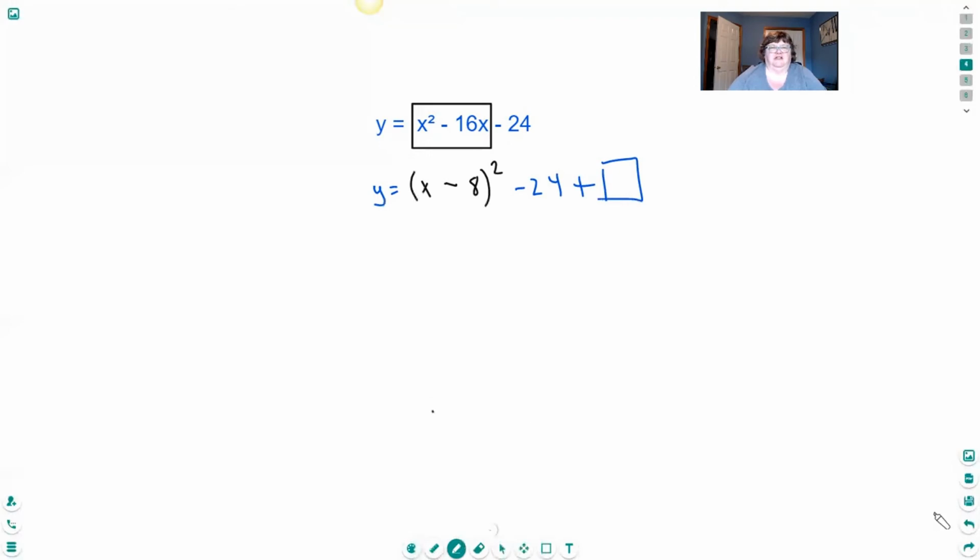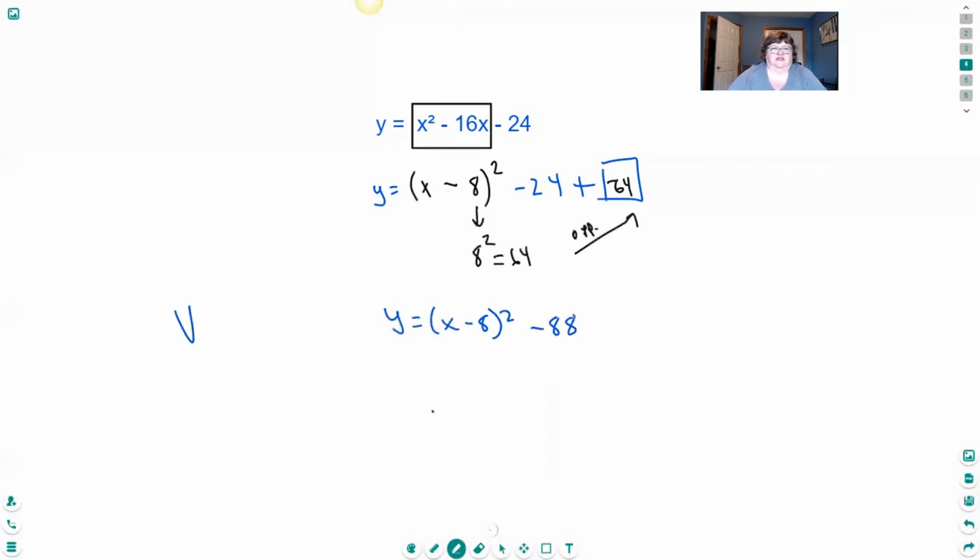So let's see now. Basically how you're going to get this number is you're going to take that number squared, which is 64, and then I'm going to do the opposites. Opposite of 64 is negative 64. And then now I'm ready to write my equation. y equals x minus 8 squared minus 88.